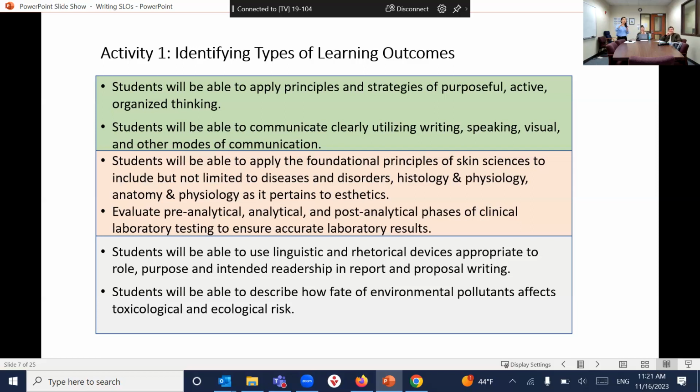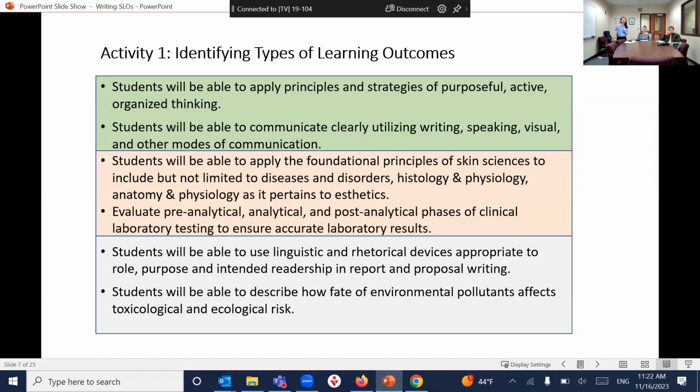These course learning outcomes are developed under the umbrella of program learning outcomes and the bigger umbrella of the institutional learning outcomes. We can see the language is getting more and more specific when it goes to the course learning outcomes. So yes, the first two outcome statements are institutional level learning outcomes.